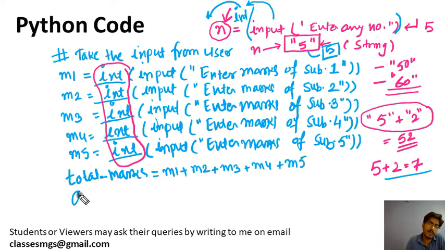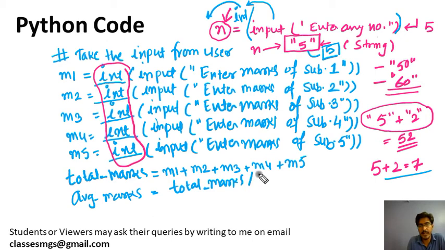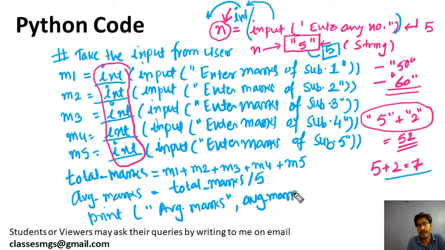This is how you calculate the total marks. Now you know how we can calculate the average marks. We have avg_marks equals total_marks divided by 5, and at last we will print the average marks, avg_marks.